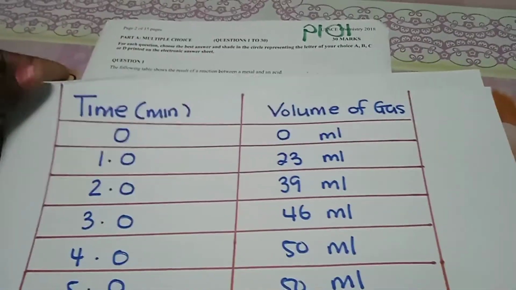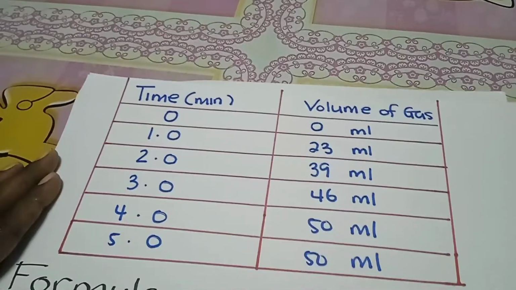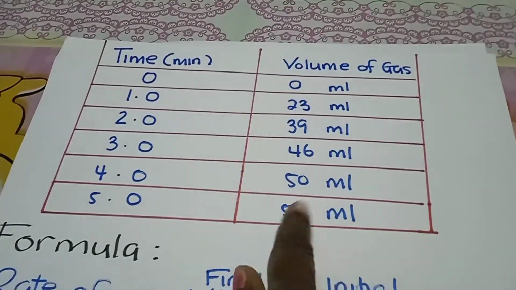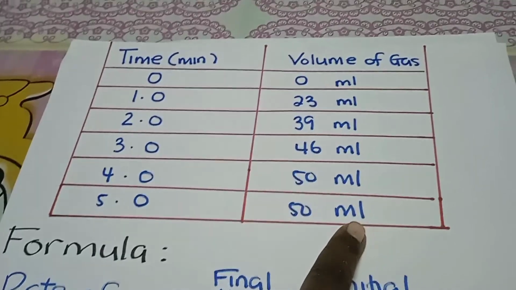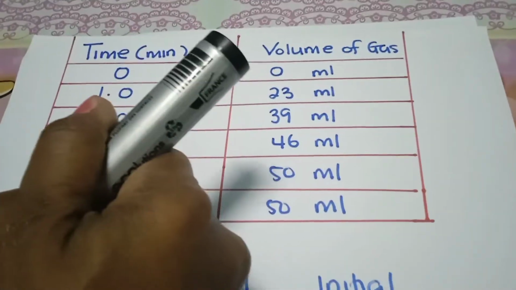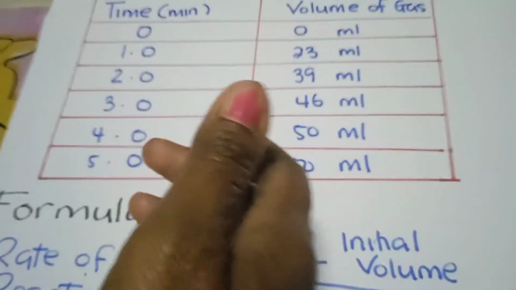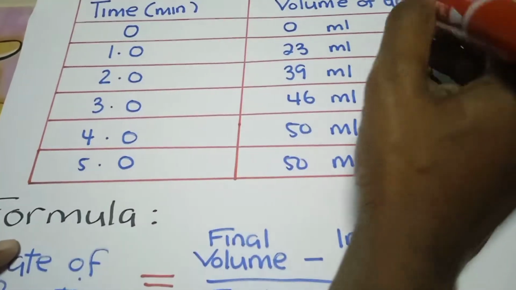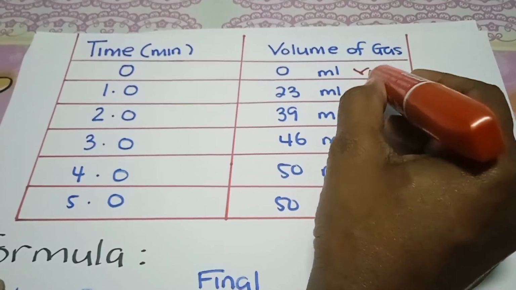Before we continue on with this one, I would like you to label the timings and also the volume of the gas. I will use a red marker. Let's put this one as volume number 1.